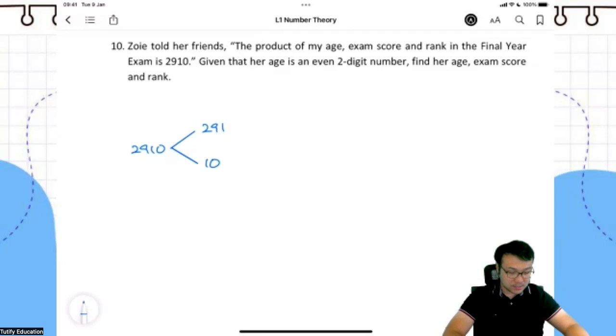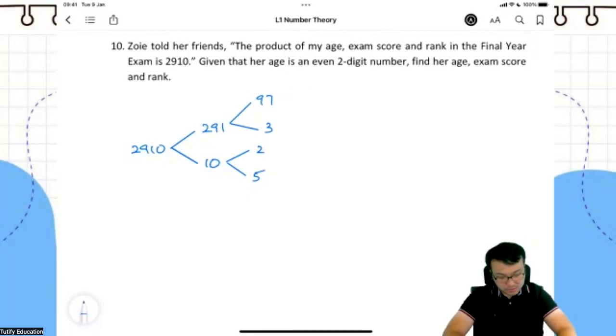Yes, 291 times 10 gives you 2910. 10 equals 2 times 5, correct? Then 291 equals 97 times, not 4, a little bit smaller than 4. 3, got it. 97, can I break it down? No, it is already a prime number.